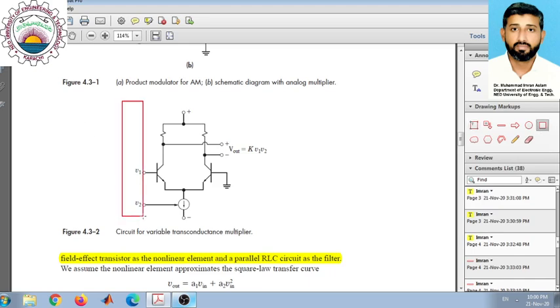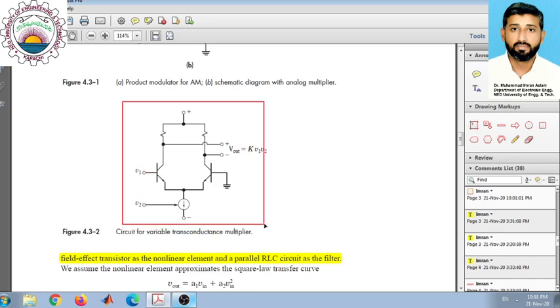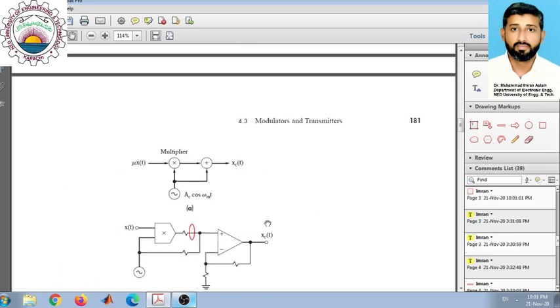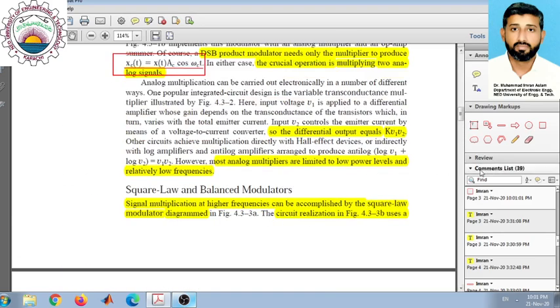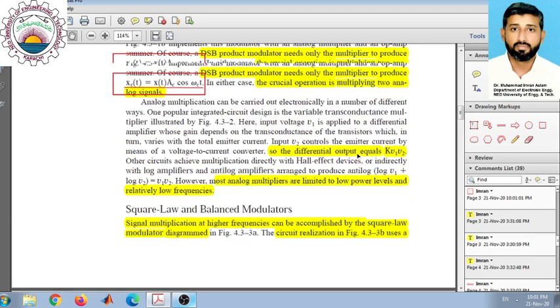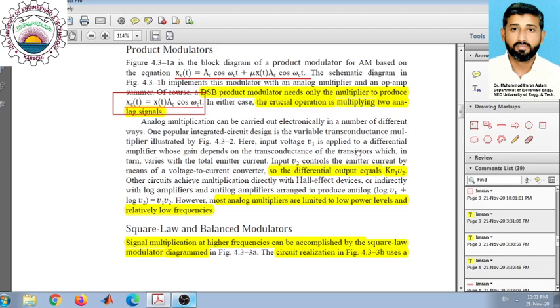The product can be achieved by using this variable transconductance amplifier, or there is another possibility of generating this product by using the log and anti-log circuitry as I discussed. So DSB and AM signals can be generated in the same fashion, because the primary difference between these two forms is the addition of the carrier term only, and if we do not add this carrier term, eventually you will end up with the DSB signal.